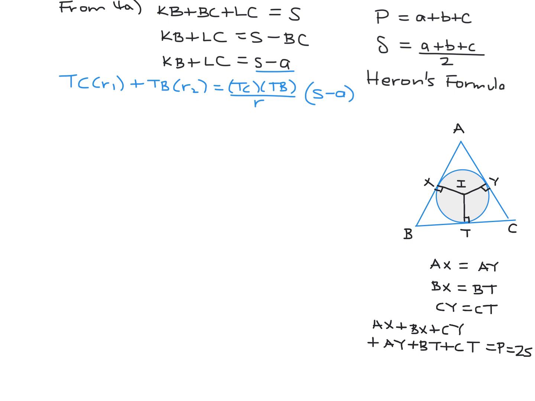So S really can be any 3 of these guys. For example, it could be BT plus AY plus CY. That's perfectly legitimate. Here's BT, here's AY, and here's CY.